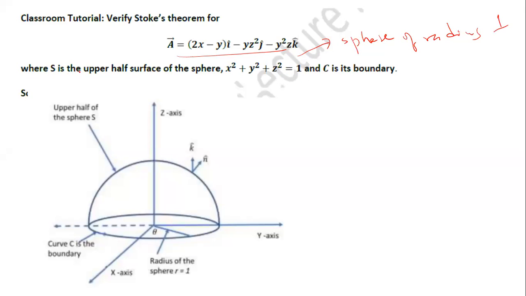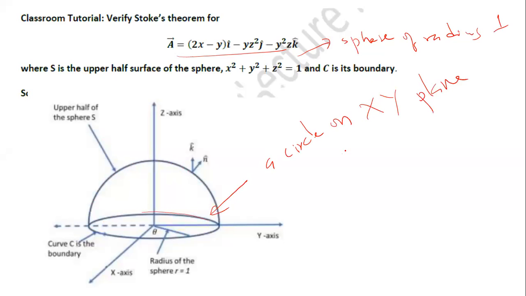So S is the upper half of the sphere, something like this, and C is its boundary. The boundary of this surface is a circle on the xy plane. What is the equation of this circle?